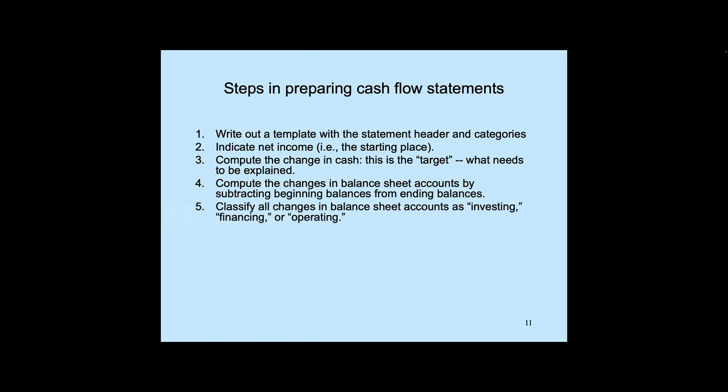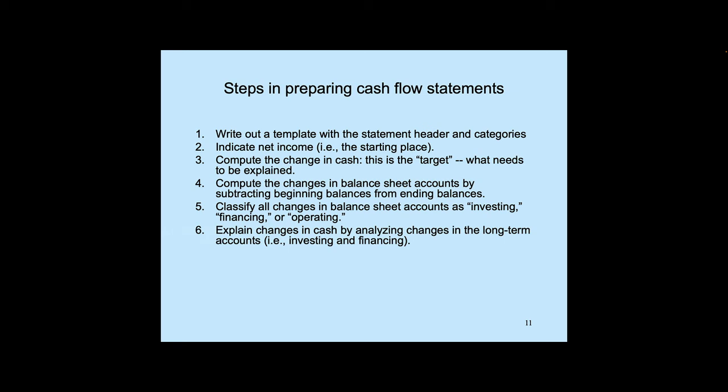Number 5 is to classify all of those changes as O for operating, I for investing, or F for financing. So just put a little O, I, or F. Sometimes it can be 2 different categories. So maybe an O and an F, or an O and an I. We'll talk about that.